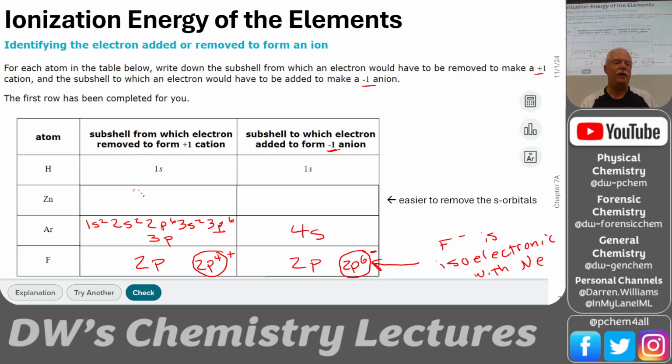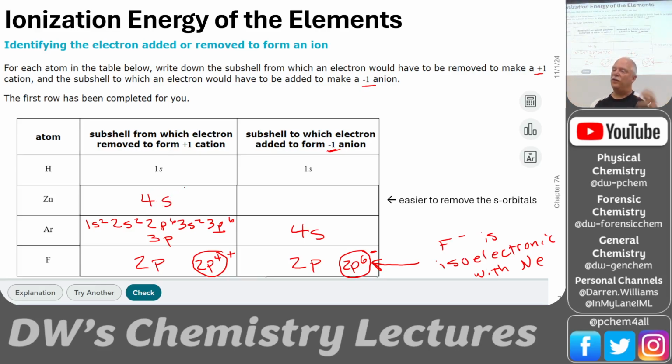If we were to remove an electron from zinc, that 3D10 is such a wonderful pattern of having all 10 electrons in that D subshell that you actually take an electron from the 4s.